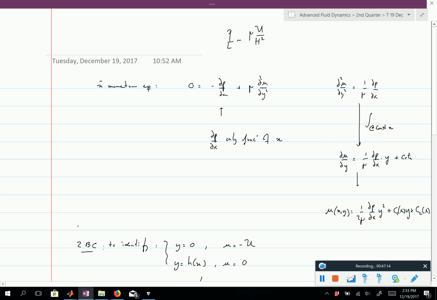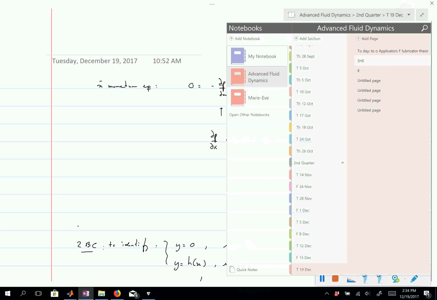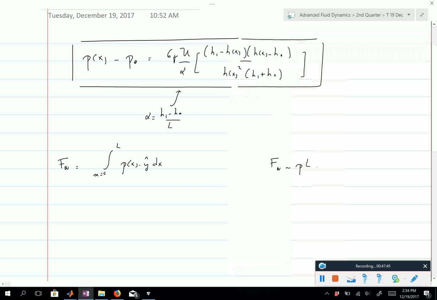So our pressure is going to scale with mu U divided by H times L divided by H. This L divided by H is also roughly what alpha is, if your gap size is the same as your H1 minus H0, roughly. But this is what you would expect for the typical normal force.